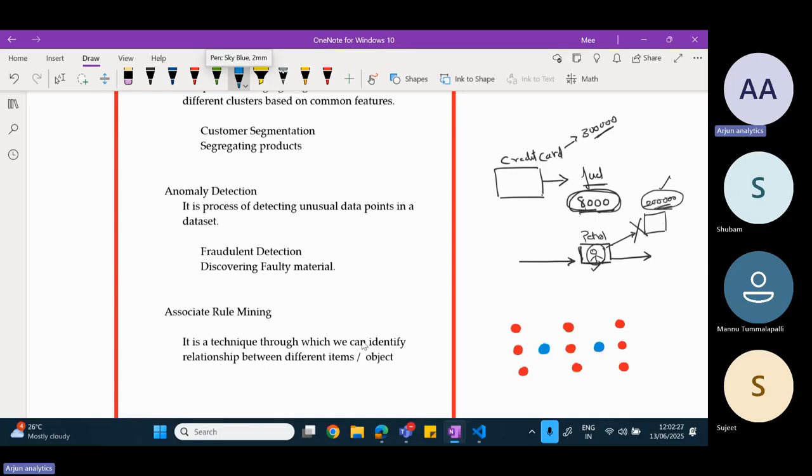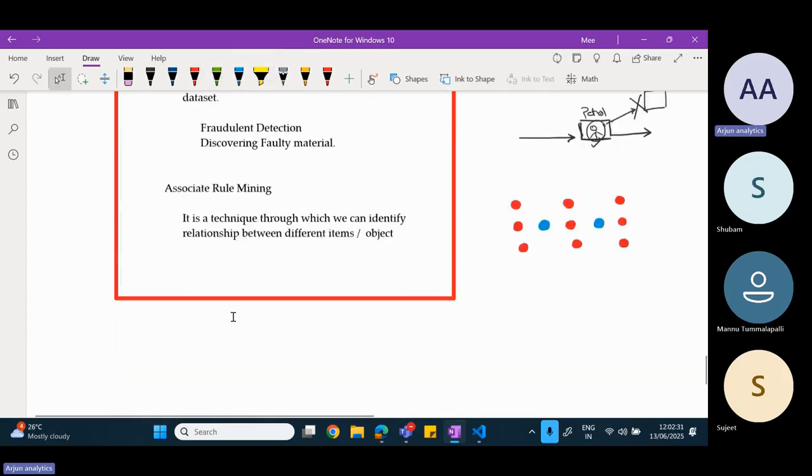Now the next one is association rule mining. What do we mean by association rule mining? It tries to understand the relationship between two different products.